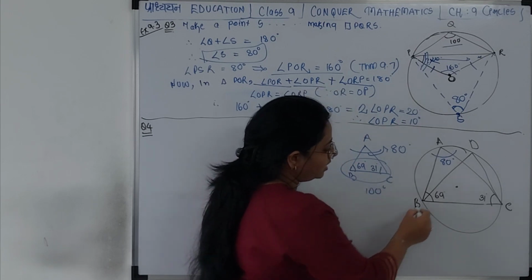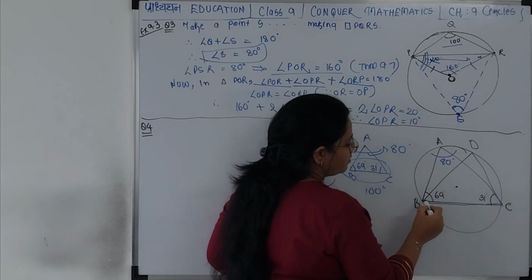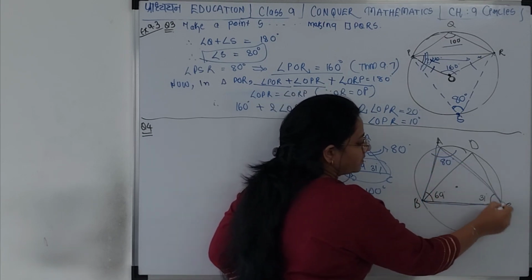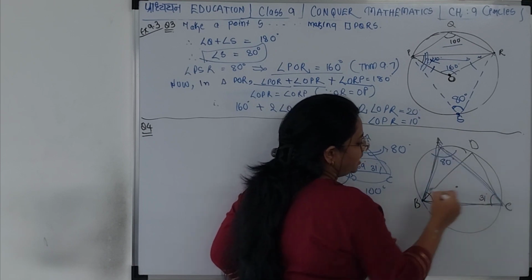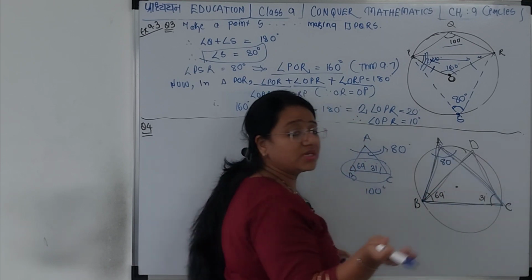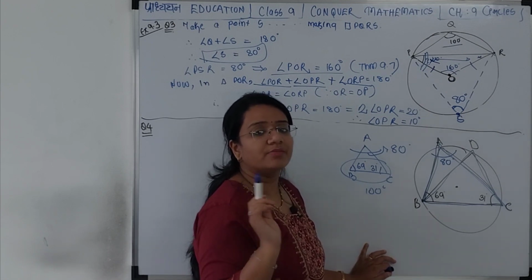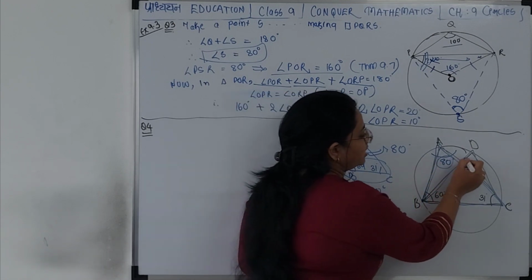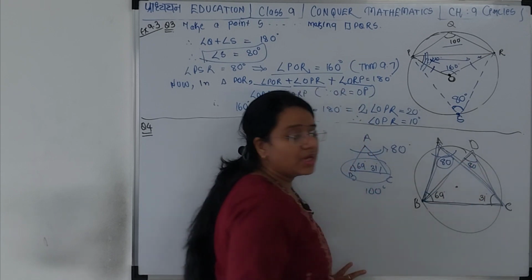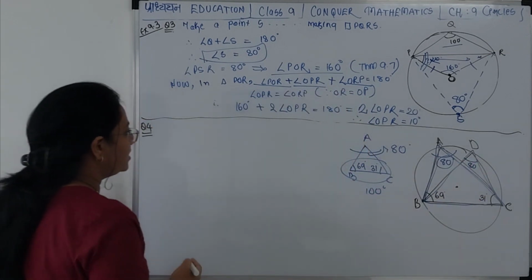Now as you can see, BC is a chord which makes two equal angles, angle BAC and BDC, on the same segment of the circle. So these two angles are equal, by theorem 9.8. If this is 80, this is also 80. Okay. How do we present this? Let's write down.